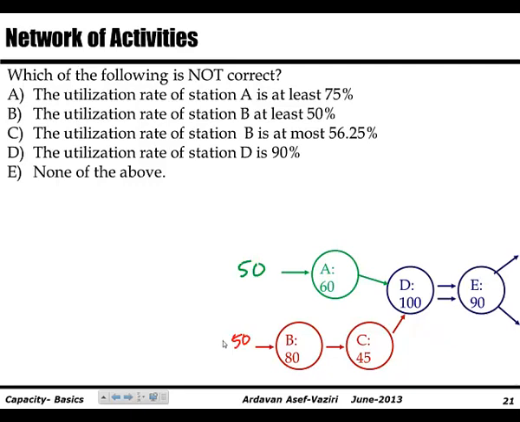Which one of the following is not correct? The utilization rate of station A is at least 75%. Look, we know that the maximum production of BC is 45. If we produce 45 units of BC, we cannot produce more than 45 A, because 45 plus 45 is 90, the capacity of this bottleneck.